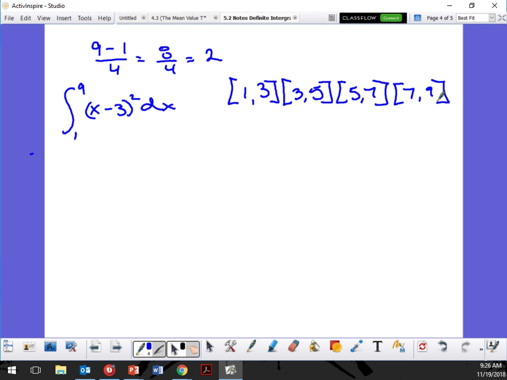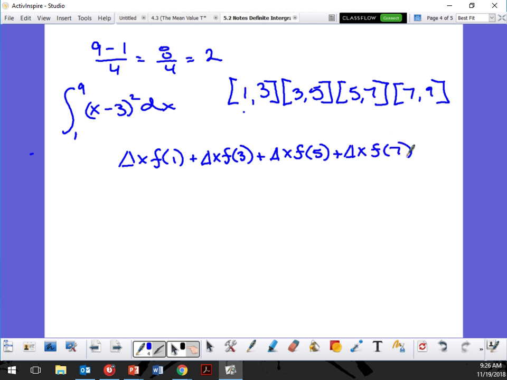So I'm going to call this my delta x here. So delta x times f of 1 plus delta x times f of 3 plus delta x times f of 5 plus delta x times f of 7.